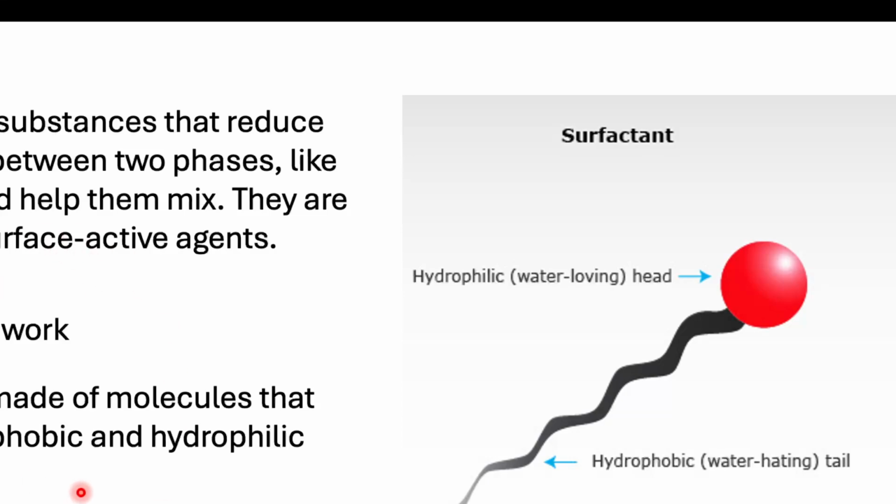How do surfactants work? Surfactants are made of molecules that have both hydrophobic and hydrophilic parts. These kinds of molecules are also called amphipathic, such as our lipids. When added to a liquid, surfactants reduce surface tension, which increases liquid spreading and wetting properties.